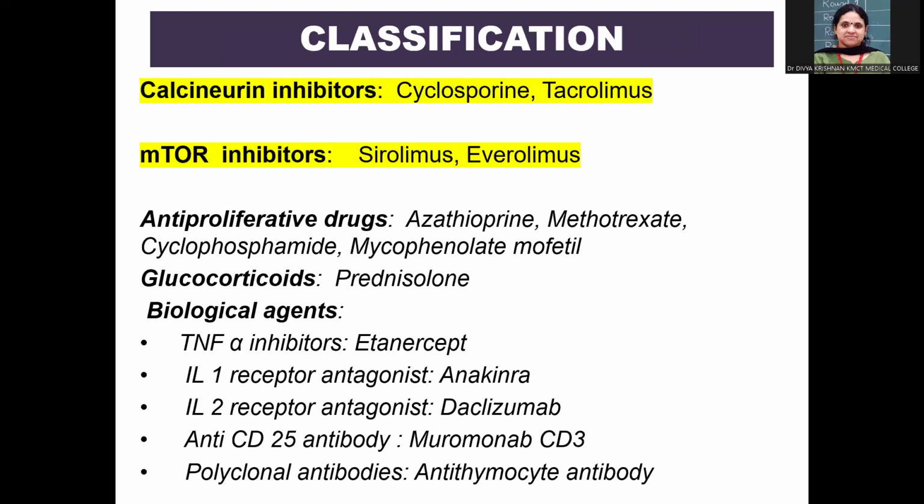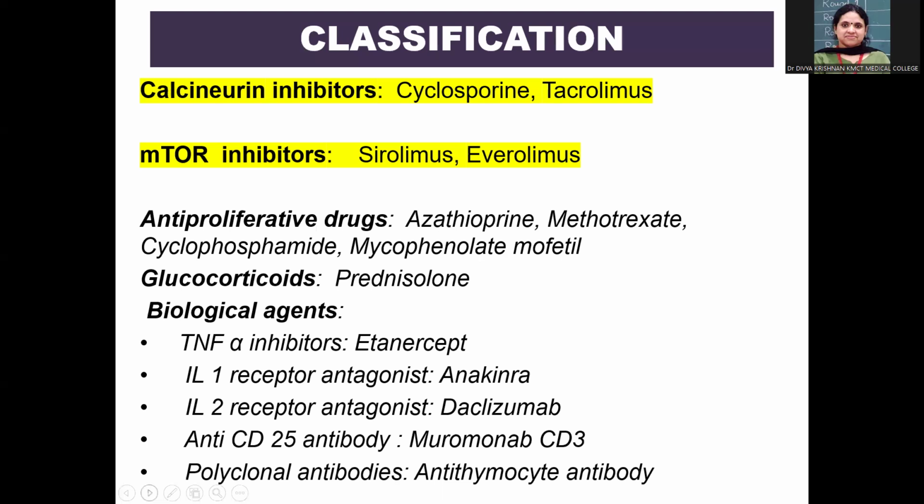Then comes the anti-proliferative drugs, which includes azathioprine, methotrexate, cyclophosphamide, mycophenolate mofetil, glucocorticoids like prednisolone, and biological agents like TNF-alpha inhibitors, interleukin-1 receptor antagonist, interleukin-2 receptor antagonist, anti-CD25 antibody, and polyclonal antibodies like antithymocyte antibody. So the last three classes of drugs have been covered in the previous topics. So I'm going to discuss about the first two classes, that is calcineurin inhibitors and mTOR inhibitors.